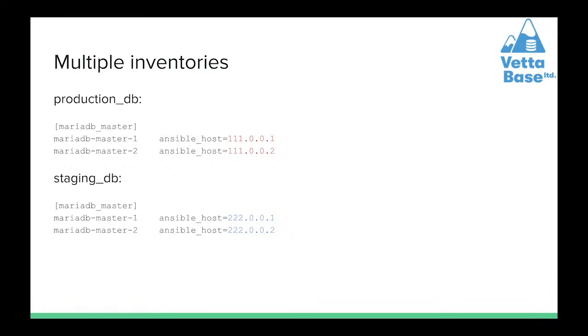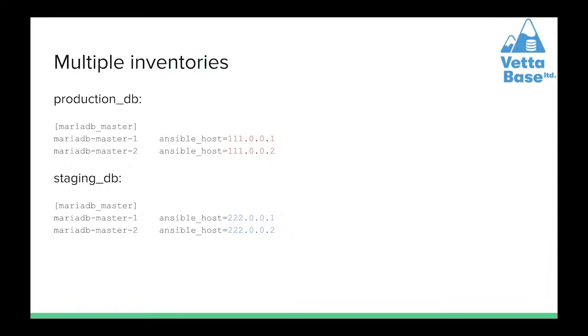So for example, have separate inventories for databases, another inventory for web servers, and so on. There are several reasons, but the most obvious reason is that these inventories are probably managed by different persons with different skills.